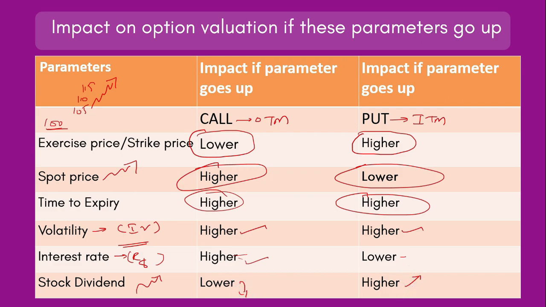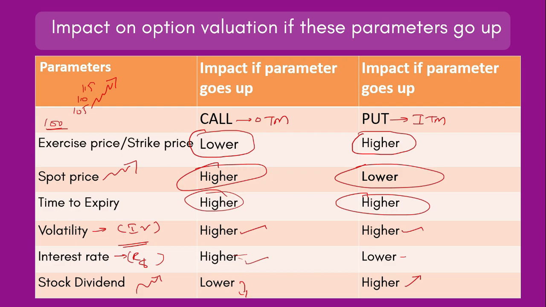So apart from spot price, these are the various other aspects that impact the pricing of options. To summarize, strike price, spot price, time to expiry, volatility, interest rate and stock dividend are the factors that affect calls and puts in the following respective ways.